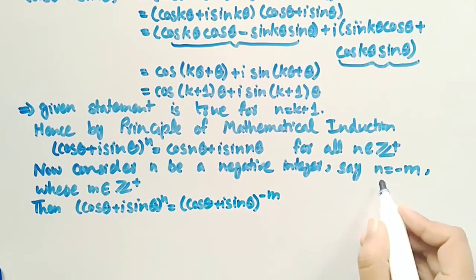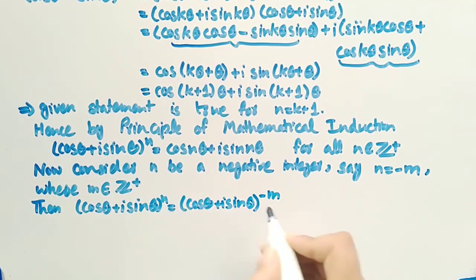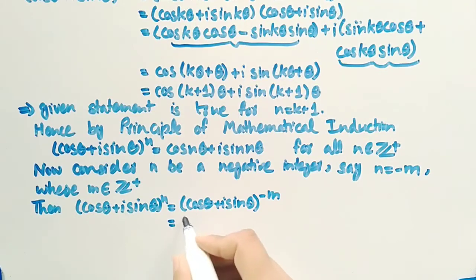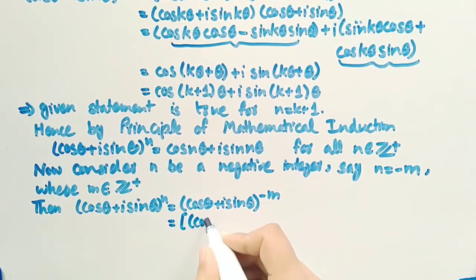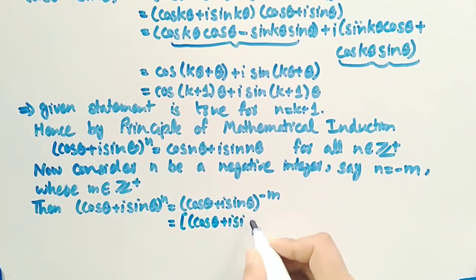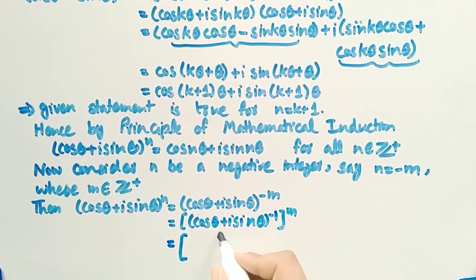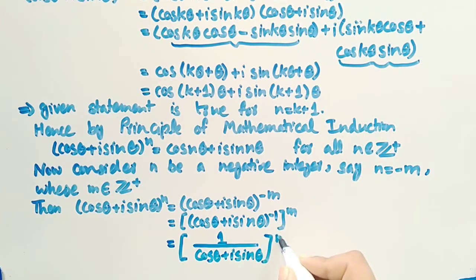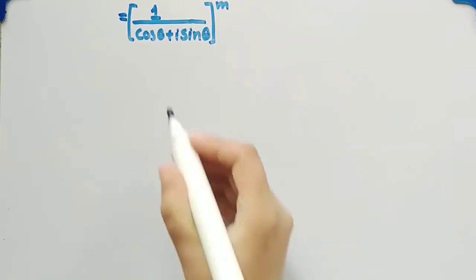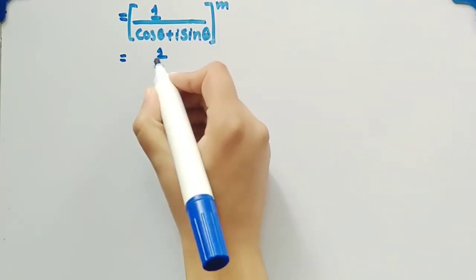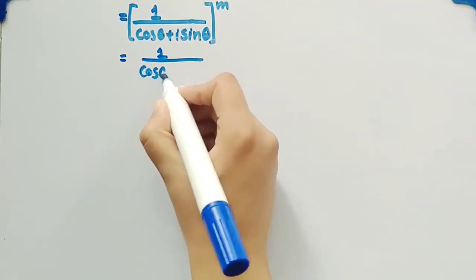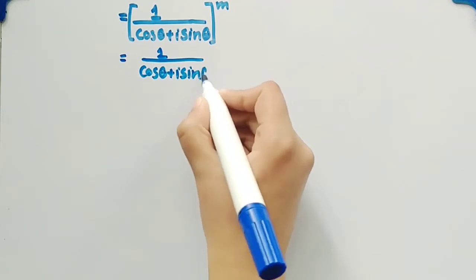Since we have considered n is equal to minus m, here we have replaced the value of n, and we can also write it as (cos theta plus iota sin theta) raised to power minus 1 into m, and we can rewrite it as 1 by (cos theta plus iota sin theta) raised to power m.